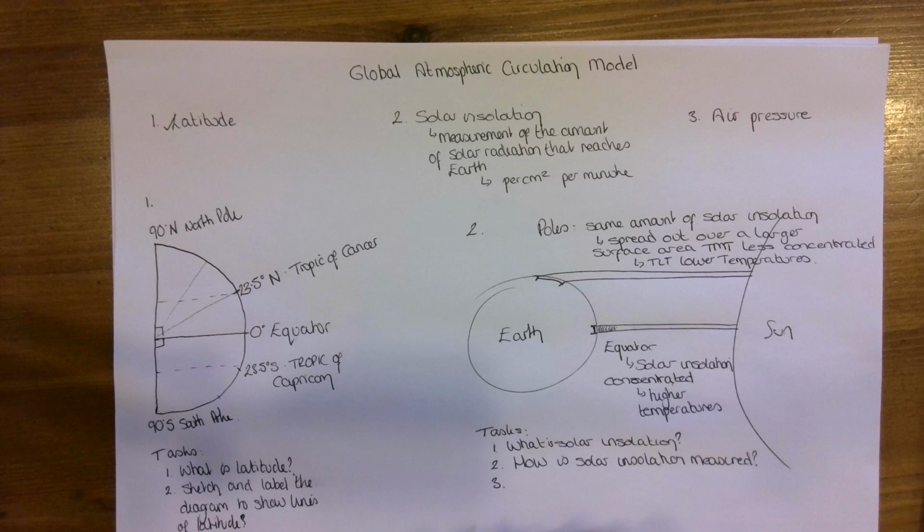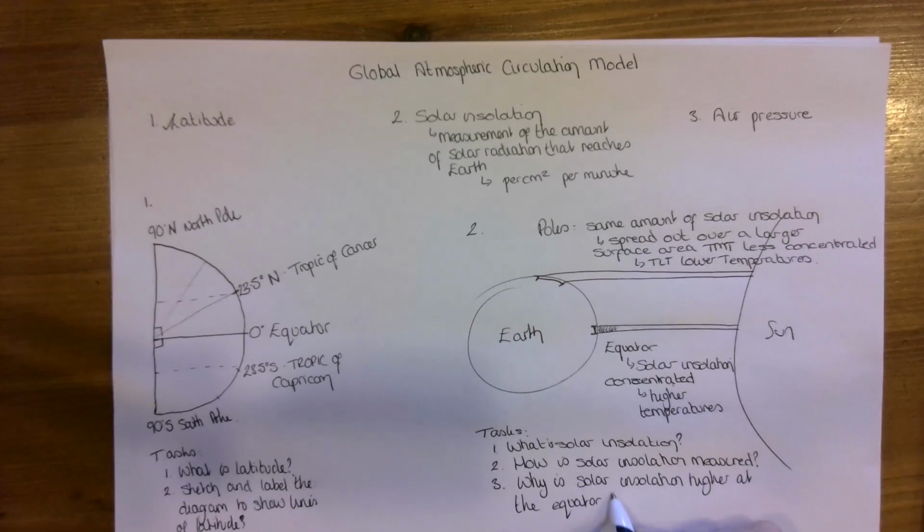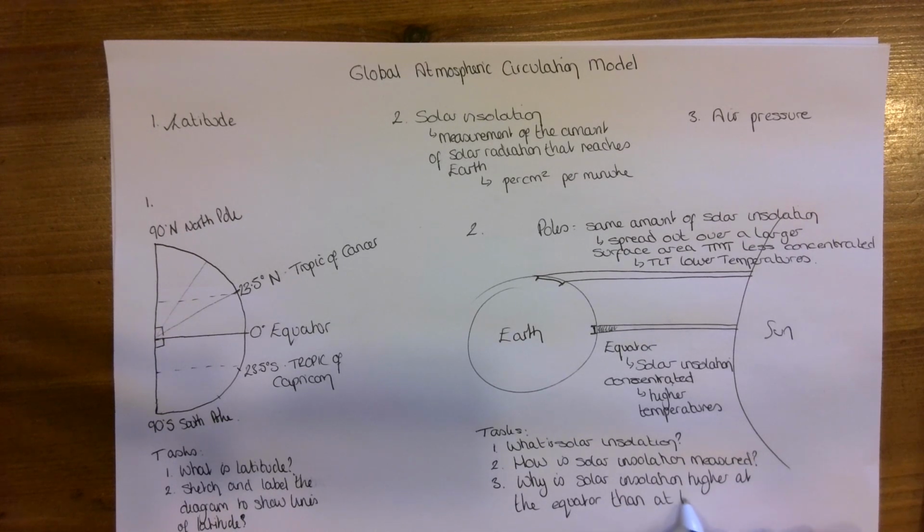Number 3, why is solar insolation higher at the equator than at the poles? Okay, and then think about what impact this has on temperature. So what you're going to do now is pause the video and complete those 3 tasks.